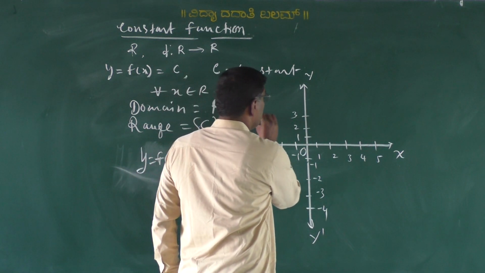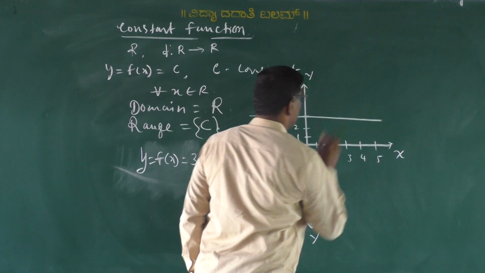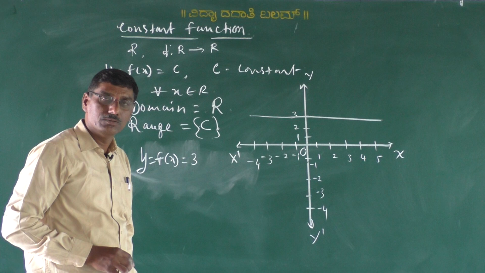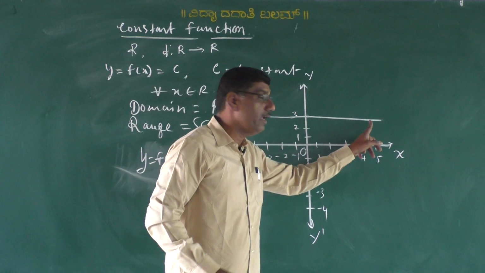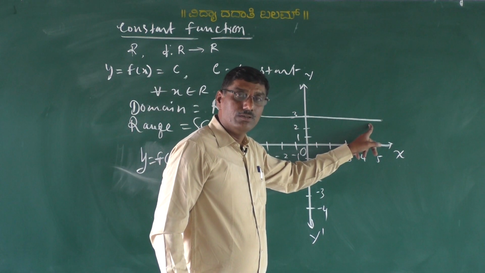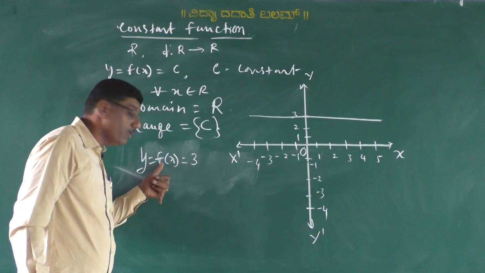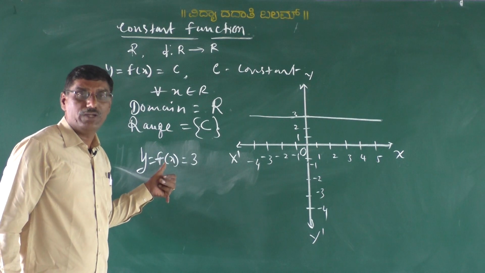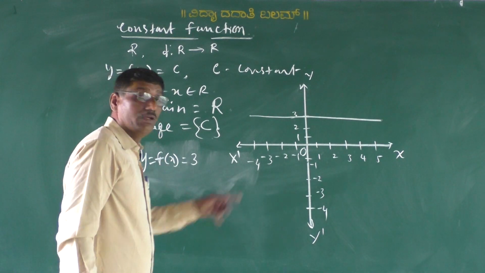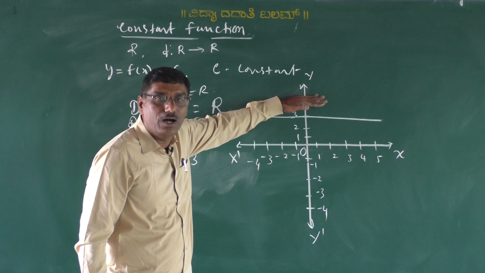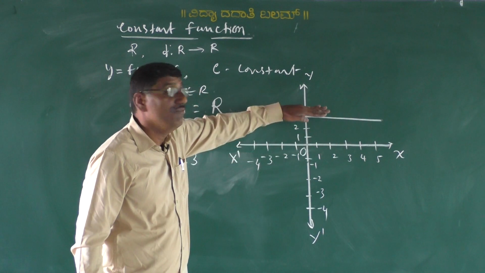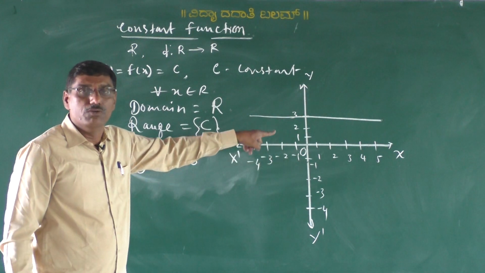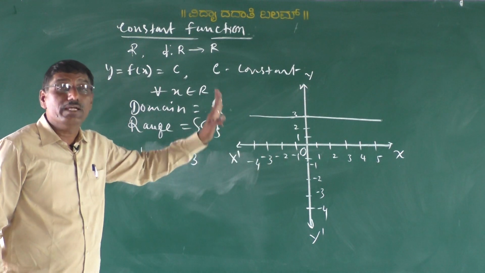That means, my dear students, this is the line of the graph of the function f of x equals 3, which is parallel to the x axis.